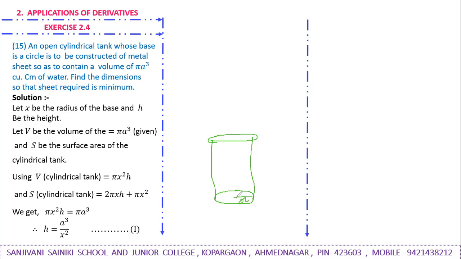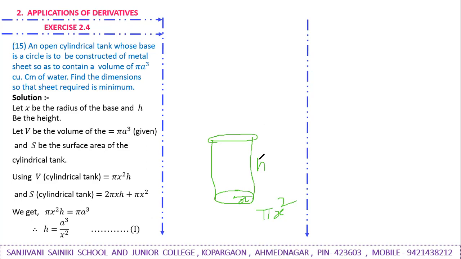This is the radius. So what is the area of this base? It is pi x square. And the height of the cylinder is h. So the volume is given by pi x square into h.